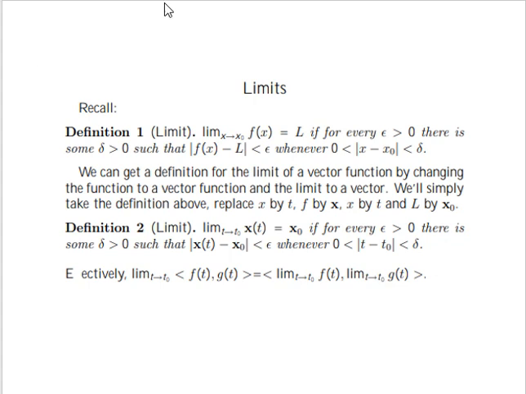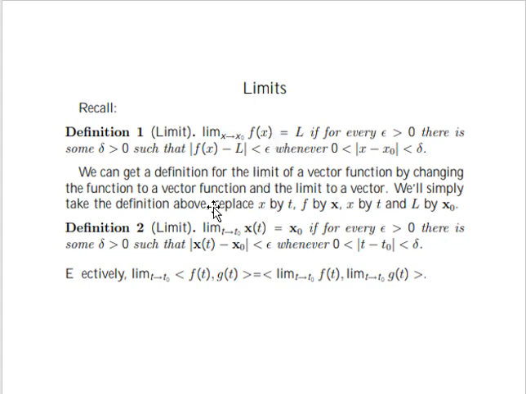Now come to the limit. Just like the limit of a real number, the limit of a vector quantity can also be given in the same manner.